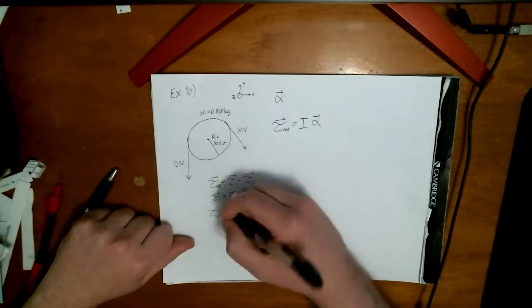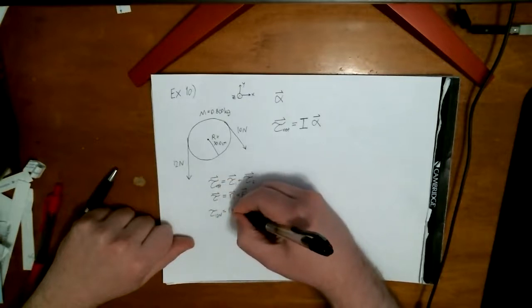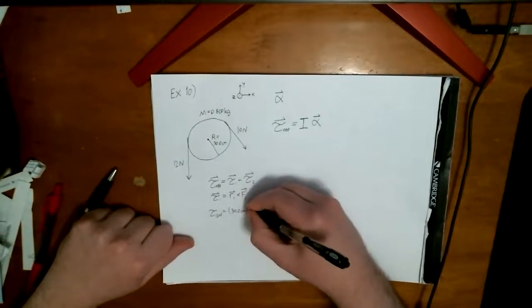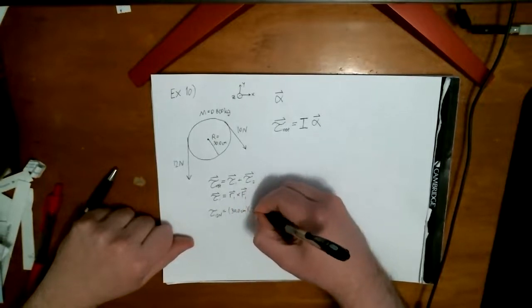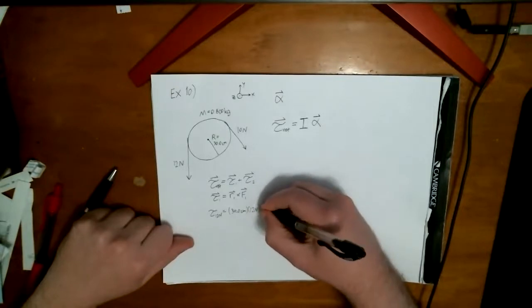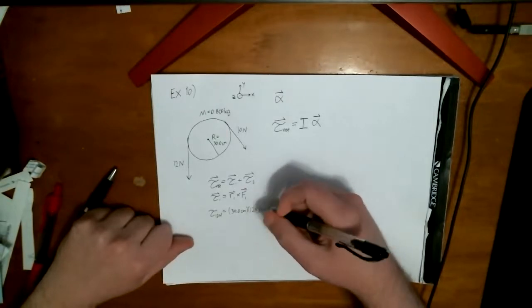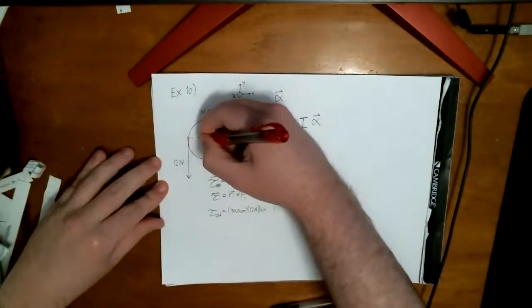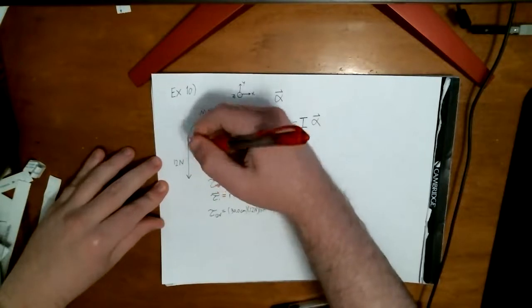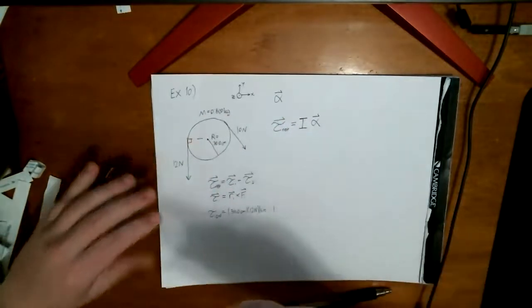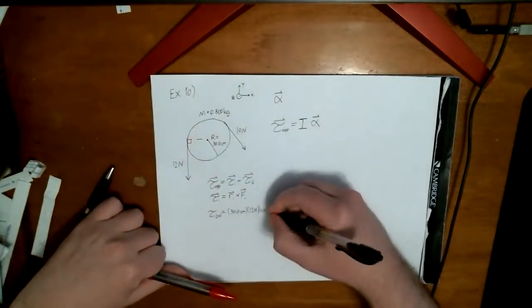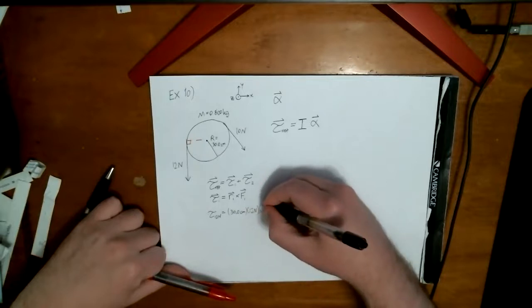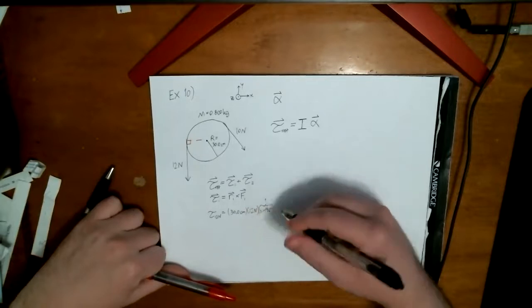So that'll just be the full radius of the pulley, times the magnitude of F, the 12 newtons, times the sine of the angle between the two vectors, and all of our forces here are acting tangentially to the pulley. So the angle between our R and F will be 90 degrees. So this just becomes 1.